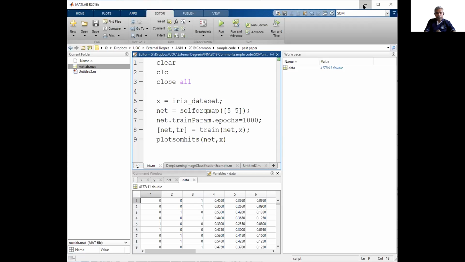Let's say you have classes A, B, C, D. Then class A will have the first bit as 1 and all the other bits as 0. Class B will have the second bit as 1 and all the other bits as 0. Similarly, if you want class C, then only the third bit will be 1, and the other bits are 0.